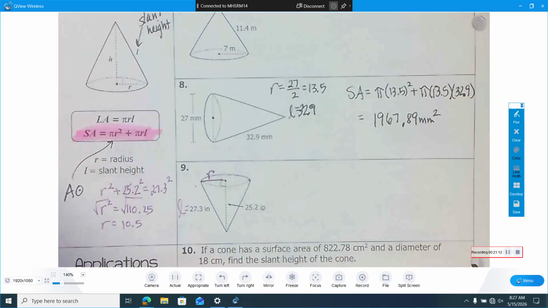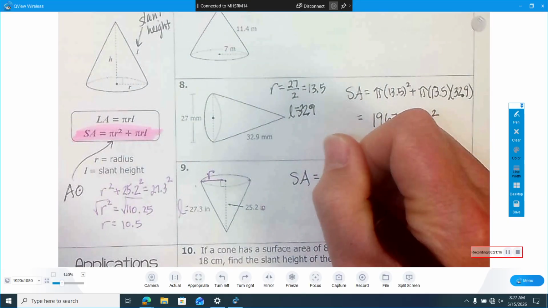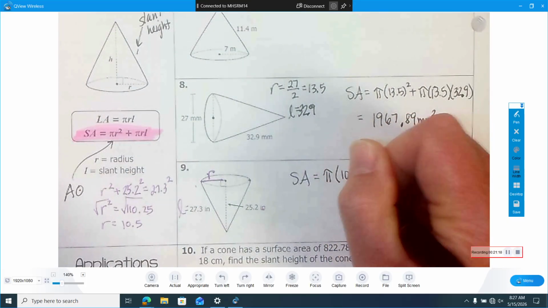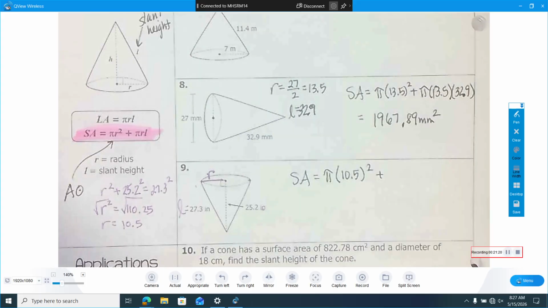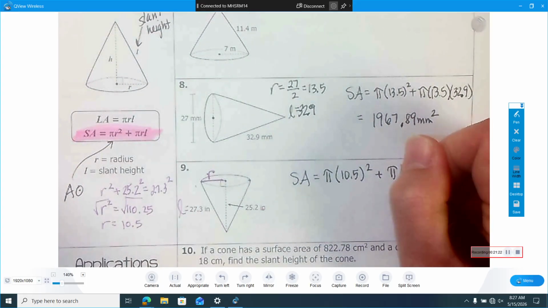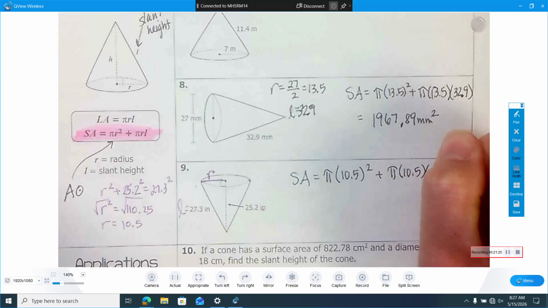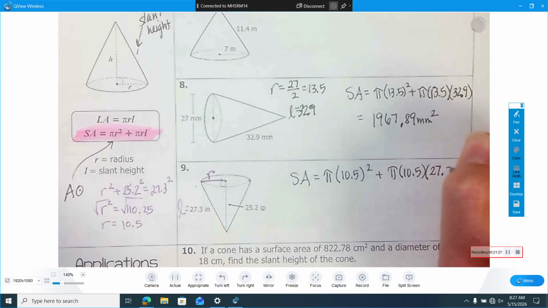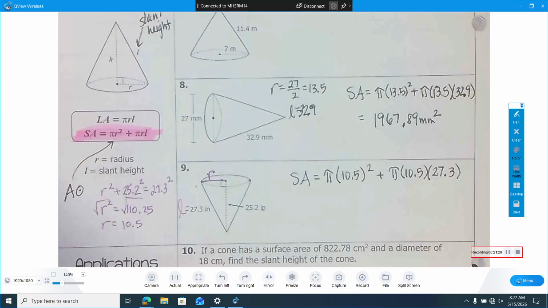So surface area is pi times radius squared plus pi times radius times slant height.